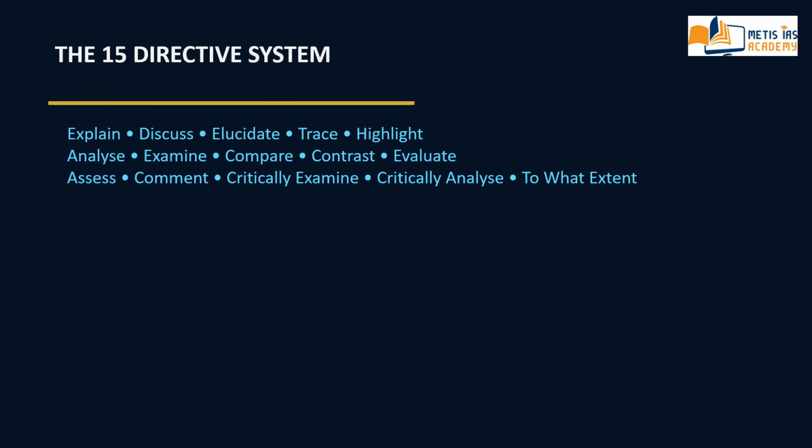When an explanation directive appears in any question, we understand it simply as: tell me clearly about the particular topic. Overall, the purpose is to make the examiner understand. That is the main purpose of the explanation directives.